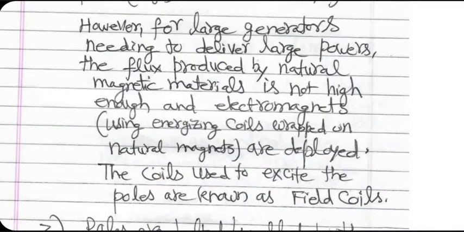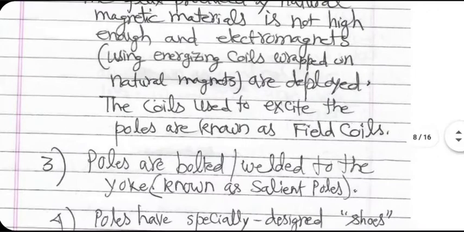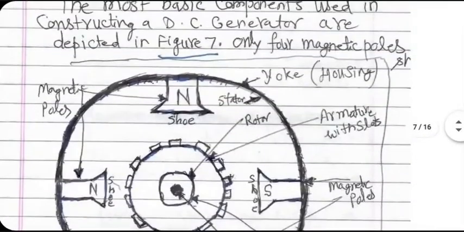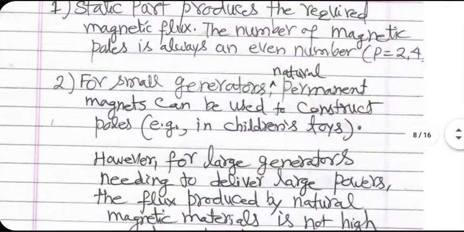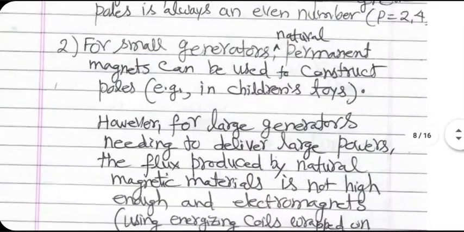The coils used to excite, the word is excite, you are exciting the poles, are known as field coils. And as a contrast, the coils on the rotating part are known as armature coils or armature windings. Armature means the electrical energy production portion of the assembly.